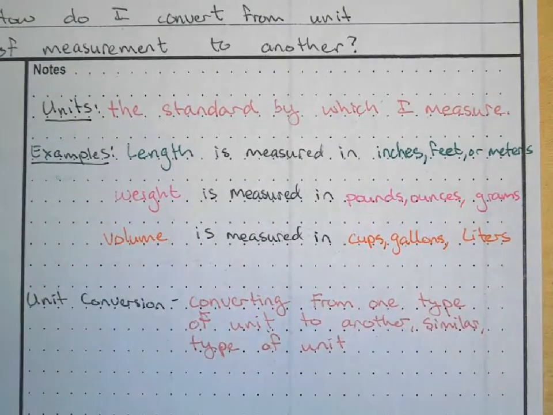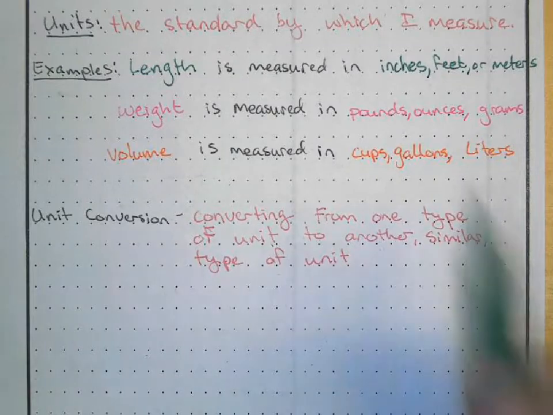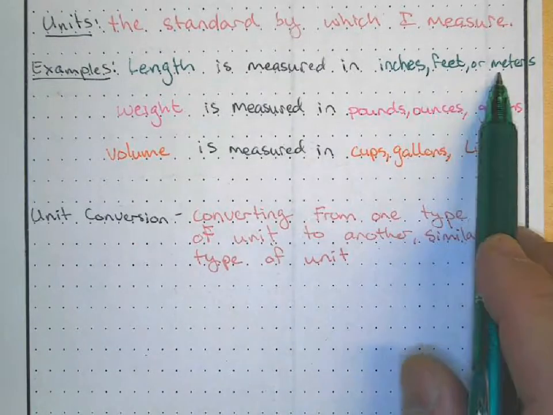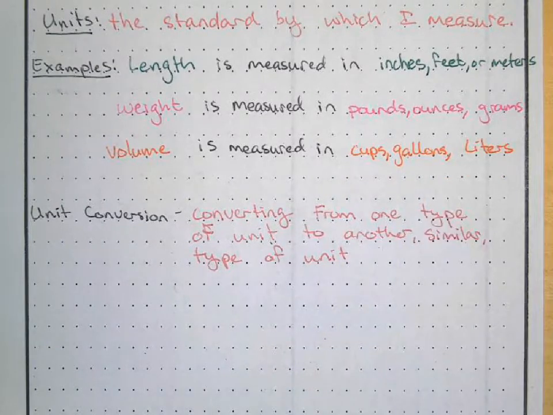And what I mean by similar is they have to both be lengths. They have to both be weights. They have to both be volumes. It's the only way I can convert if they're similar in that aspect.